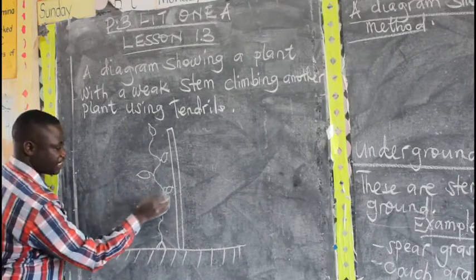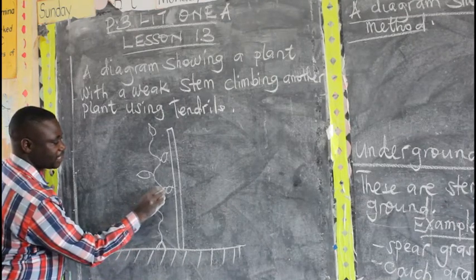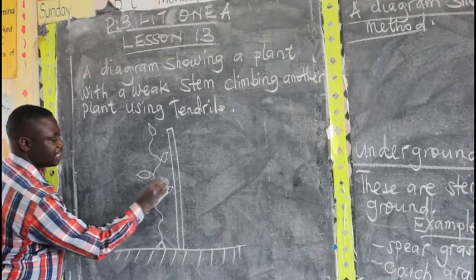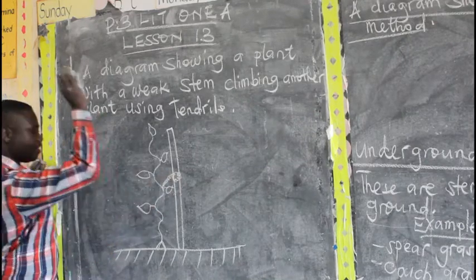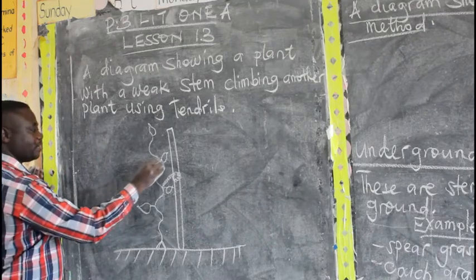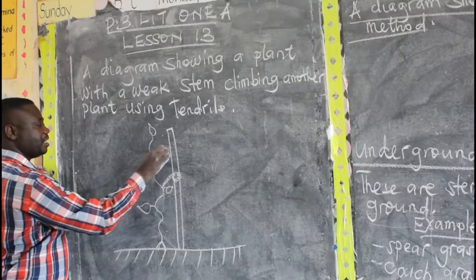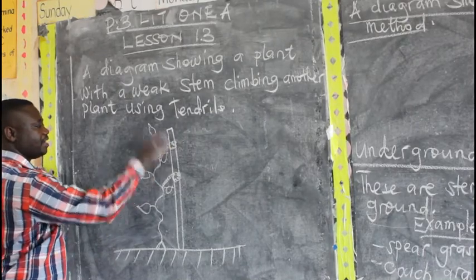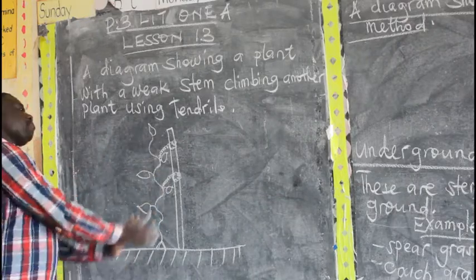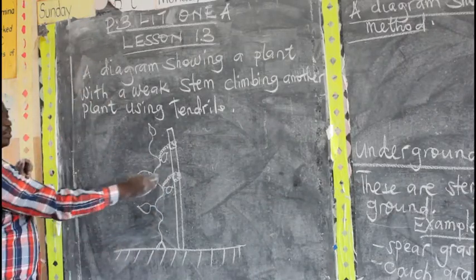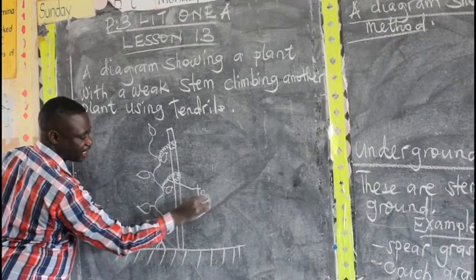Tendrils emerge in between the branch and the stem. So a tendril emerges from here, it comes and coils around. And you find another one also emerging from here, coiling around. So now this one here enables this plant to grow upright by use of tendrils. So now we can name this to be tendril.